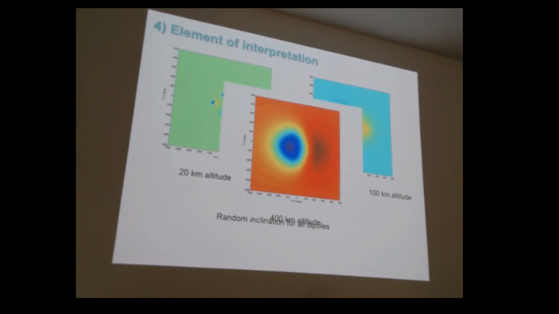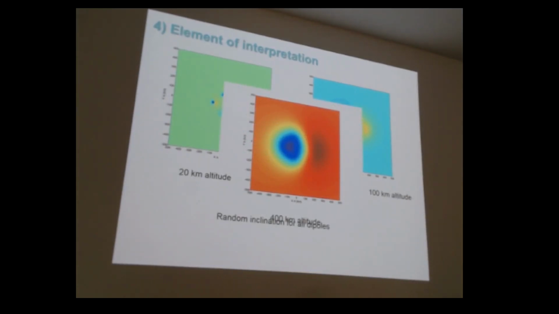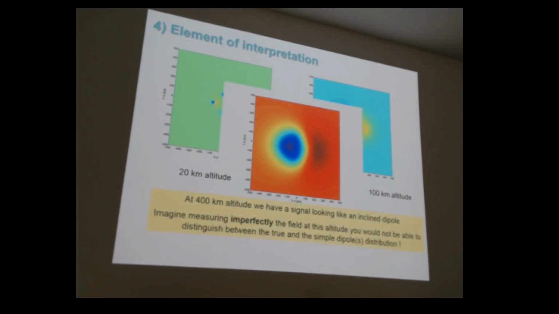But if you go down, actually everything can be explained by random dipoles. So this would mean that sometimes the dynamo was in that direction, but sometimes it's completely another direction. So this is still something that is used in planetology, but not too clear to me, at least. If you measure the field imperfectly at this altitude, you will never be able to recover the exact distribution.